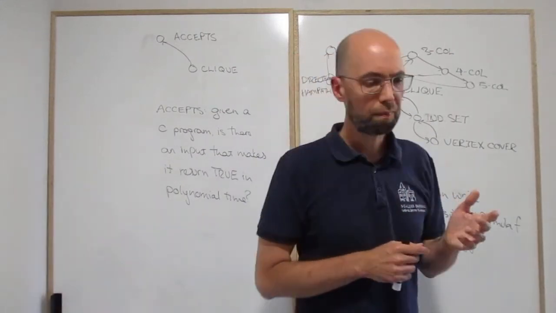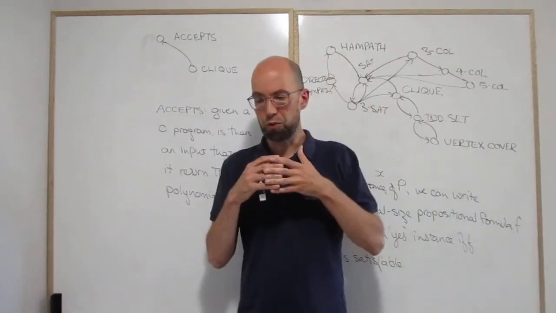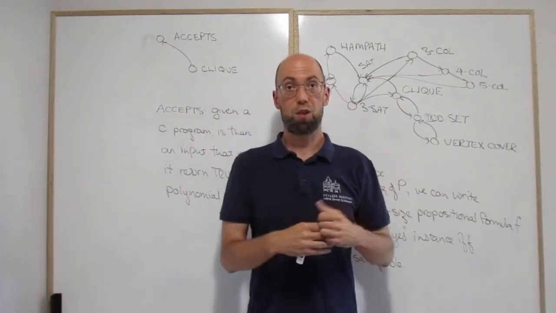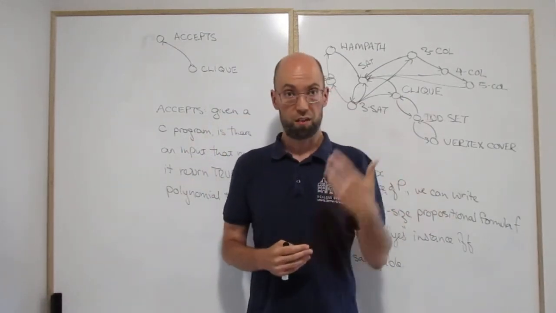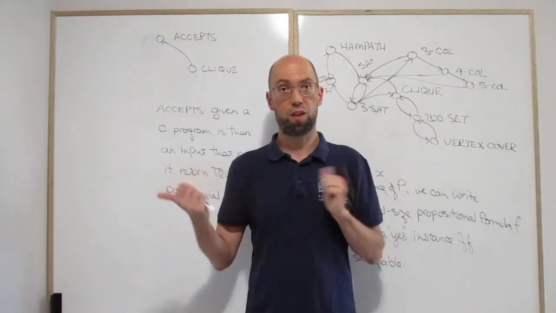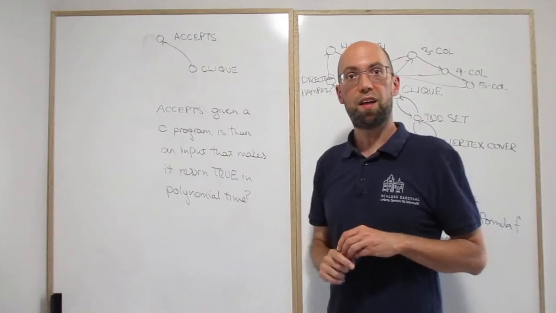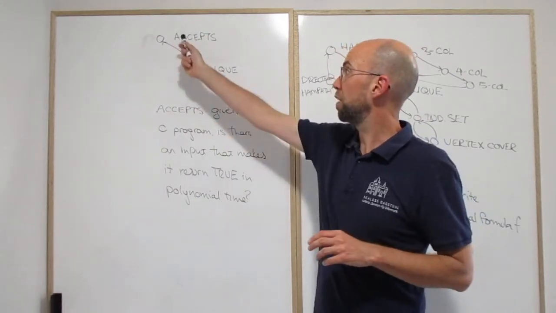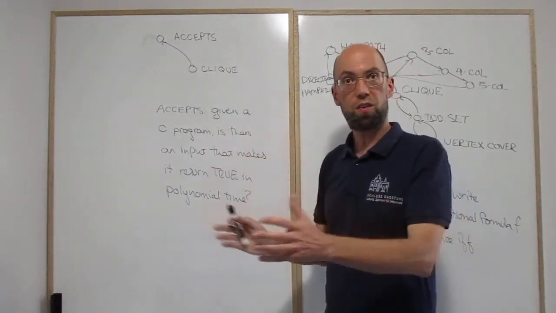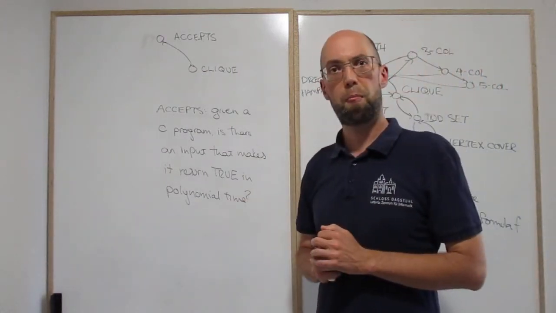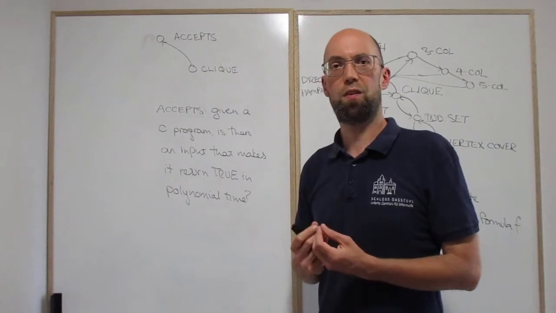So you're allowed to assume that you're going to be given a solution. If you can check it in polynomial time, and it's good, then you say yes, and if not, you say no. So if there is an input, then if you can solve accepts, you can solve any problem for which you can check a solution in polynomial time. Okay, which is very powerful.